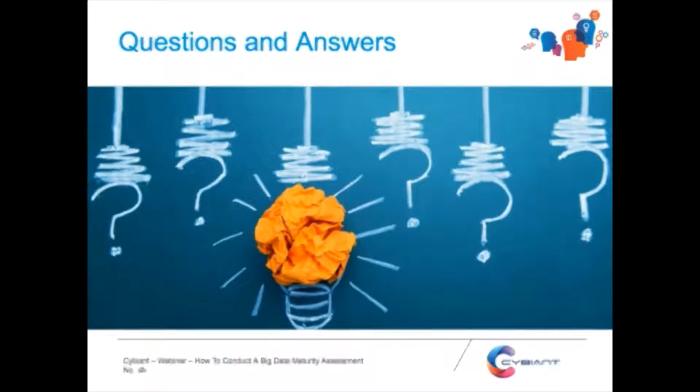The next question I received is, how many times should I do the big data assessment, and can I do a big data assessment multiple times? The answer to that, of course, is definitely yes, because one of the great benefits or values of doing a big data assessment is that you can take a snapshot of where you are today.